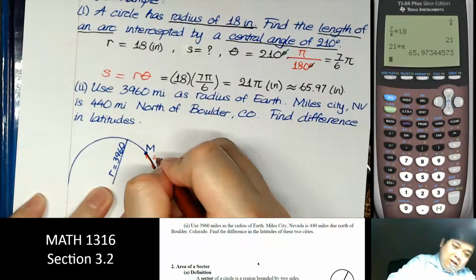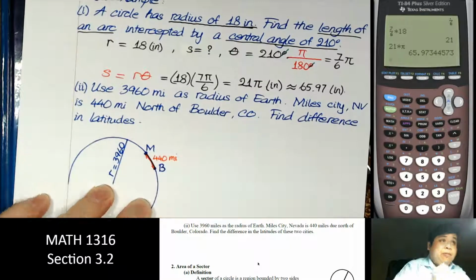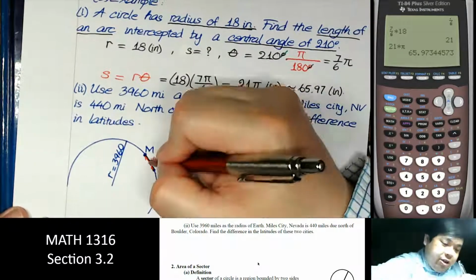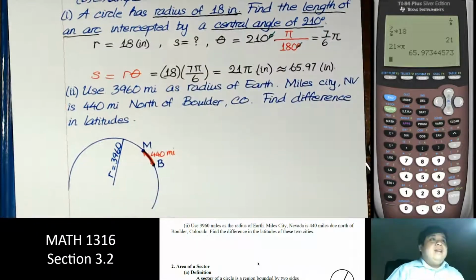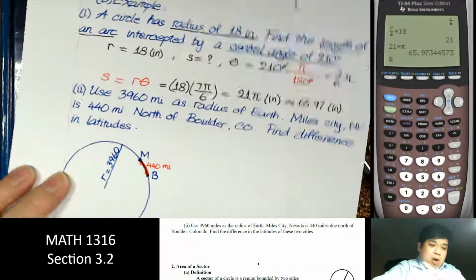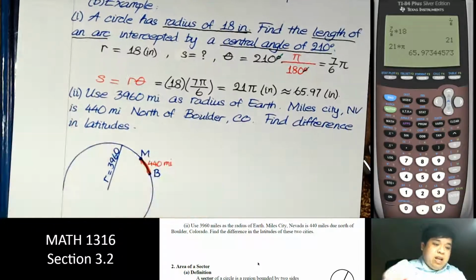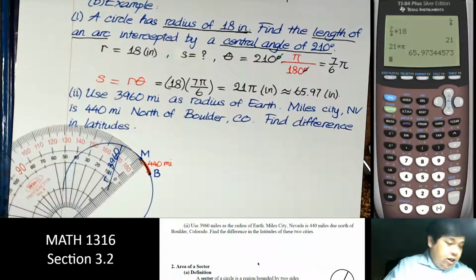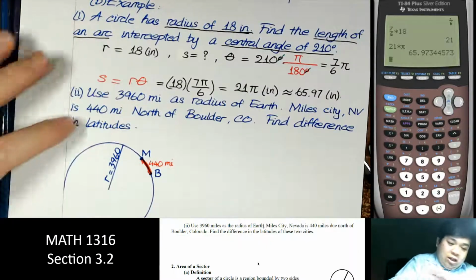That distance is 440 miles on the surface of the Earth. Of course, on the surface of the Earth, when we go up that will be north, and that will be south, and the question is to find the difference in latitudes.